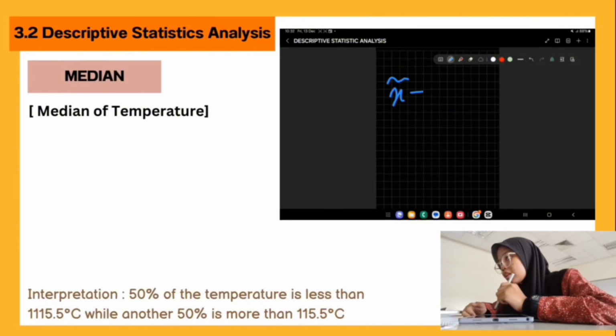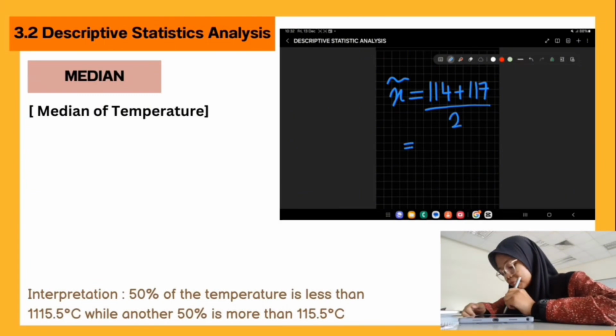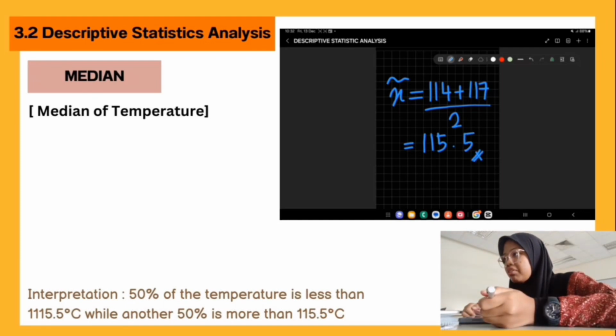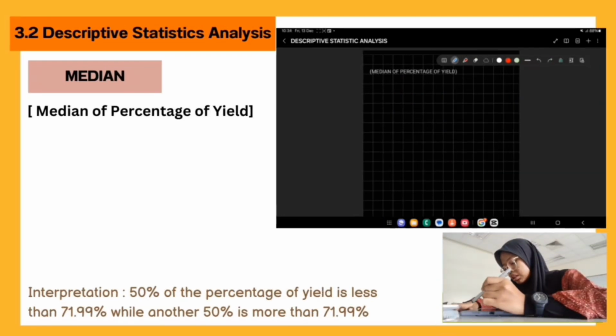We have to add them and divide by 2, which is 114 plus 117, the values we got from the locations just now, over 2, and the answer is 115.5. For the interpretation, 50% of the temperature is less than 115.5 degrees Celsius, while another 50% is more than 115.5 degrees Celsius. Lastly, median of percentage of yield.